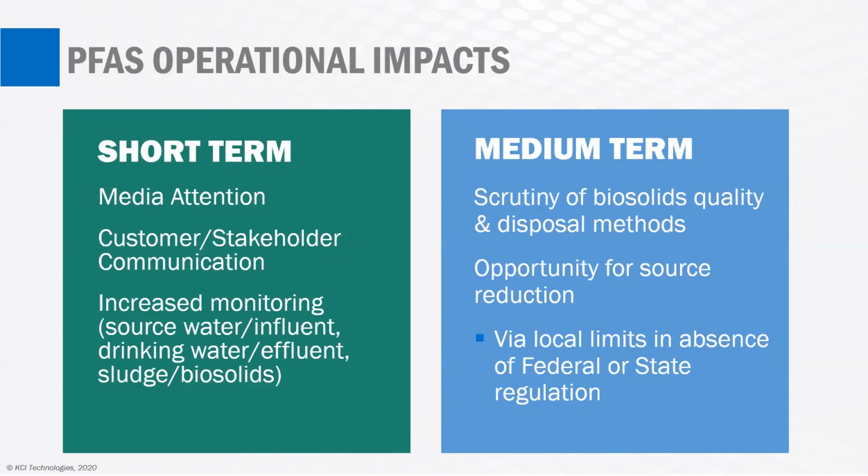When you're creating your pretreatment program as a POTW, you have the option to set local limits that you can enforce across all of your customers, including your industrial customers. And so there could be an opportunity to remove some of that before it gets to the POTW. In most respects, that's the best way to handle it because you can get it before it gets too diluted, and the people who are generating it probably are the ones who ought to be treating it anyway. So that's our picture in the medium term.